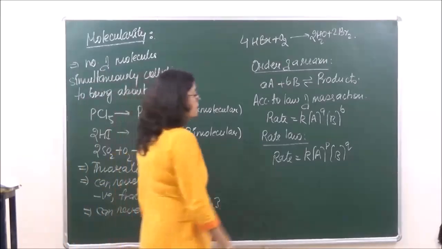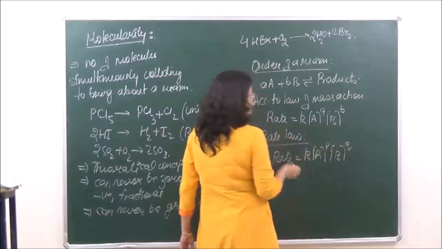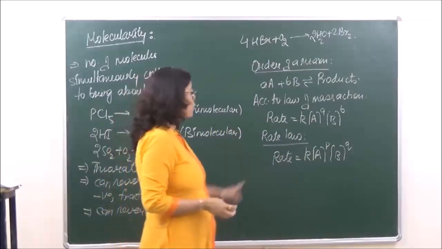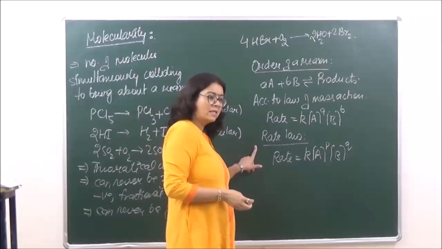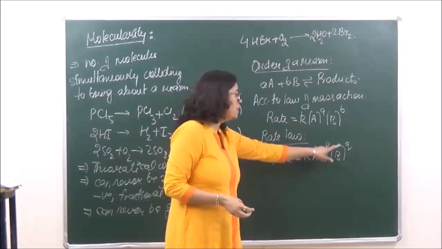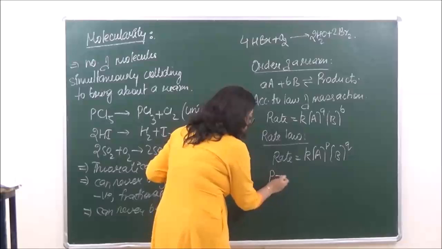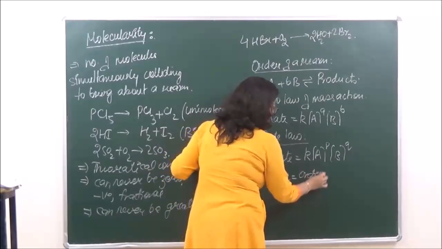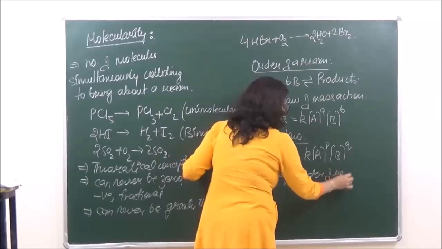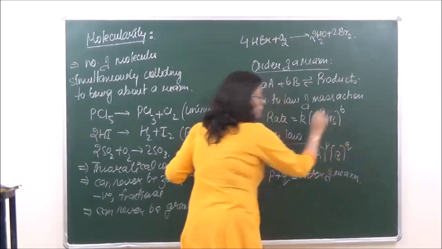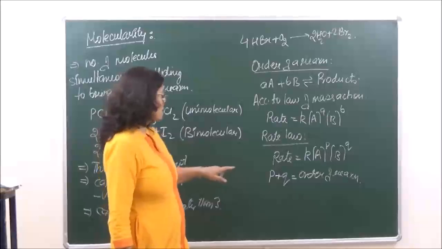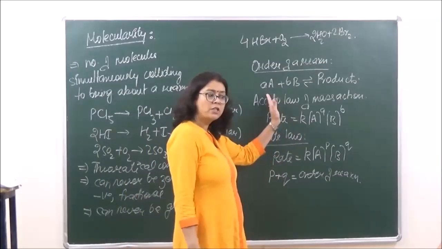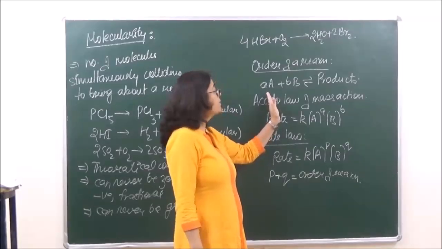Now over here, p and q. We know that the law of mass action is a theoretical concept, whereas the rate law is experimentally verified. So over here p plus q gives us the order of the reaction. The values of p and q may be equal to the stoichiometric coefficients or they may not be.